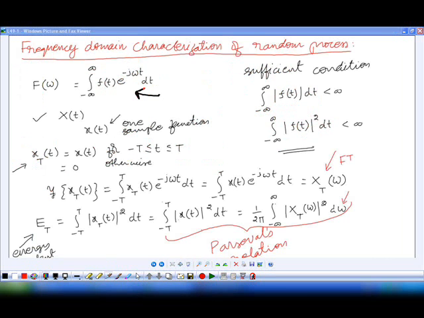Here, this particular quantity F of omega indicates the distribution of the amplitude and phase of this particular function f of t with respect to frequency. So this we call the spectrum. F of omega is the frequency spectrum of the function f of t. Is it right? So what is the unit of this?